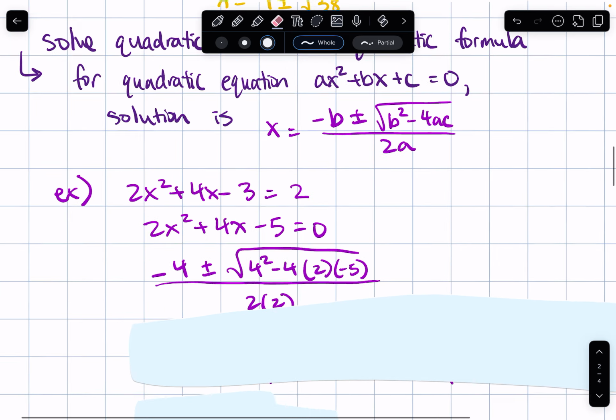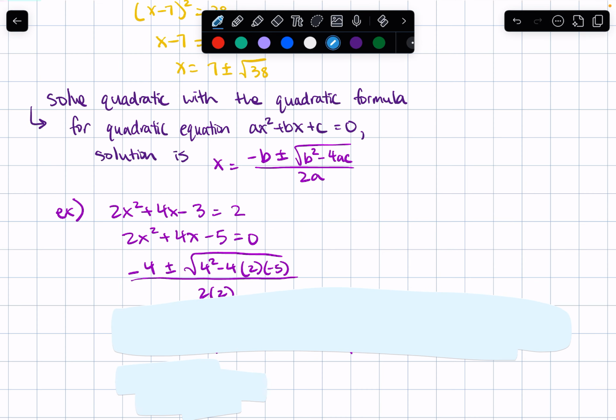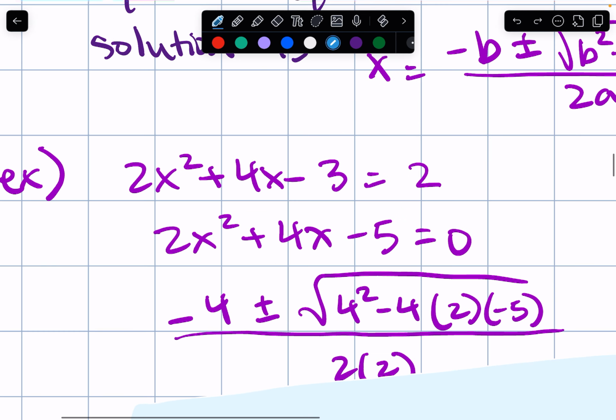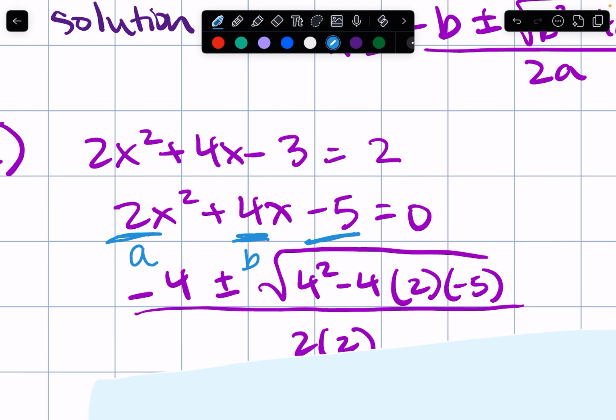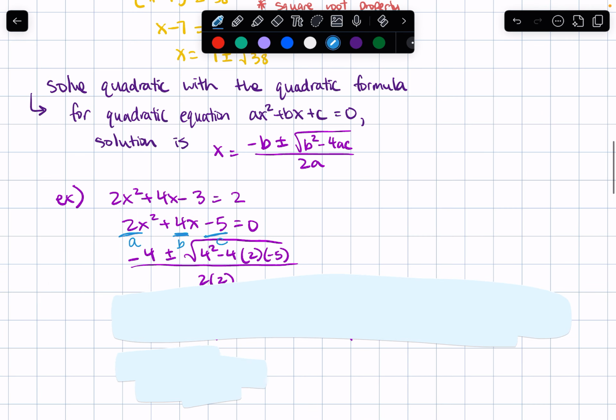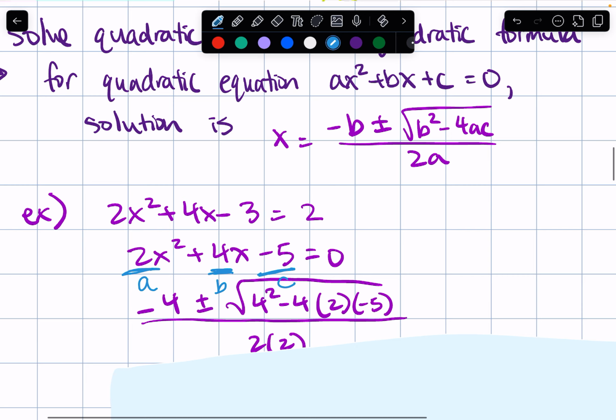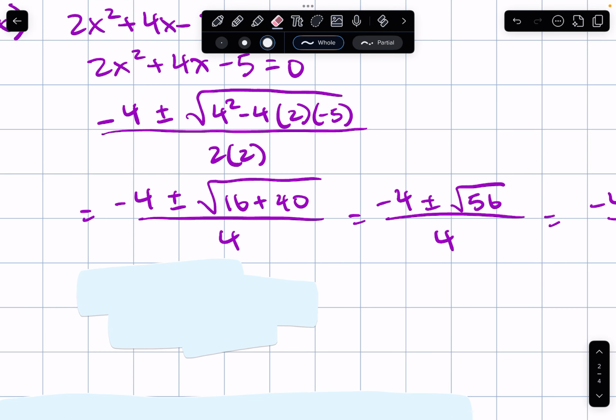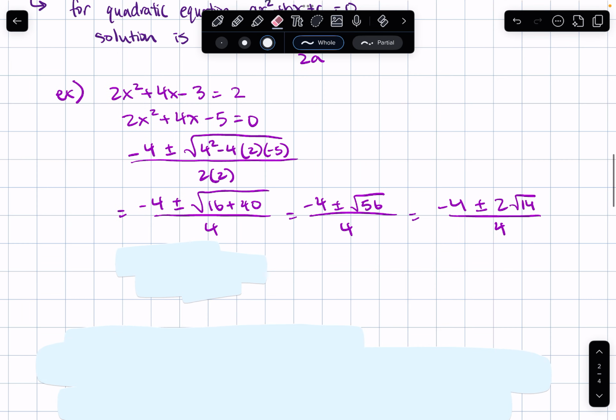And then we're just going to plug whatever values are here into this equation. So this first term is going to be our a term, the second term is going to be our b, and then this is going to be our c. So you just plug and chug basically. And then when you plug it in and simplify it, this is what you are going to get.